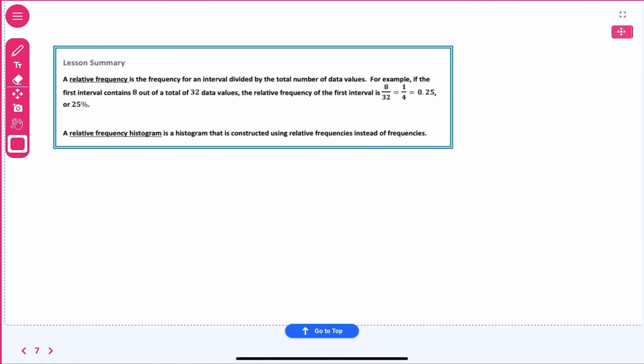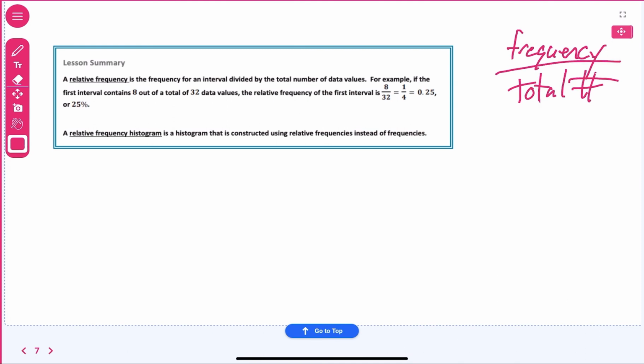Okay, that's it. Now, a lesson summary. This is what you need to know. A relative frequency is the frequency of an interval divided by the total number of data values. We know that. We just take our frequency and divide by the total number.